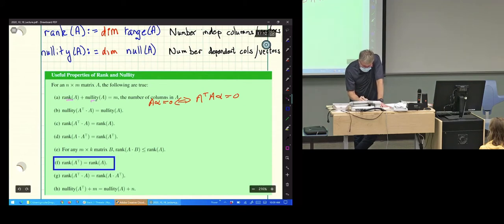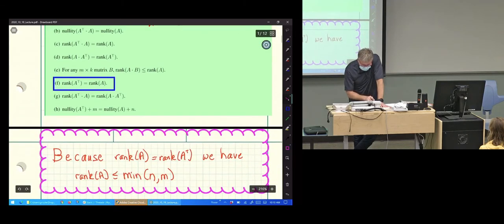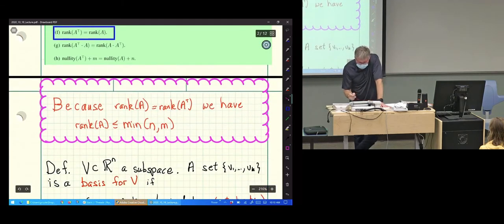So neither of these can exceed M. So the rank of A is upper bounded by the number of its columns. But if the rank of A transpose is equal to the rank of A, how many columns does A transpose have? It's the same as the number of rows of A. So the rank of a matrix is upper bounded by the number of rows and the number of columns.